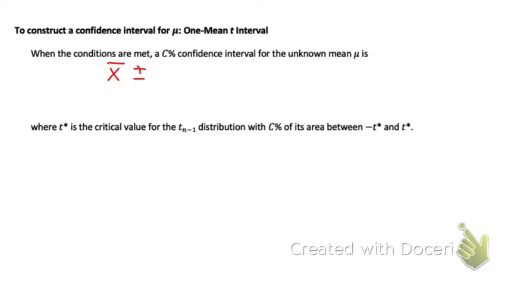Guys, I can't use z star because I have two levels of variability. So if it's not z star, what's it going to be? We just learned how to find them. T star. And then the standard error for means, which is what we just wrote down, s sub x over the square root of n. Please remember, x bar is your point estimate.